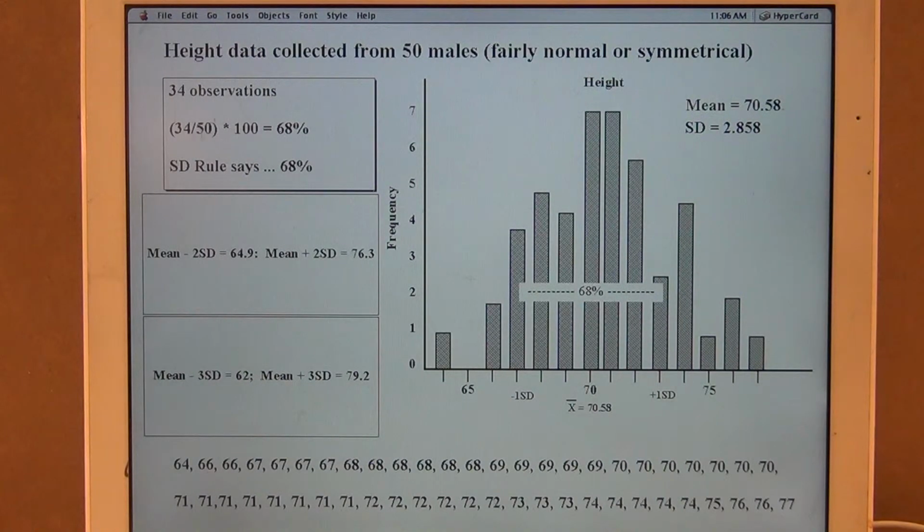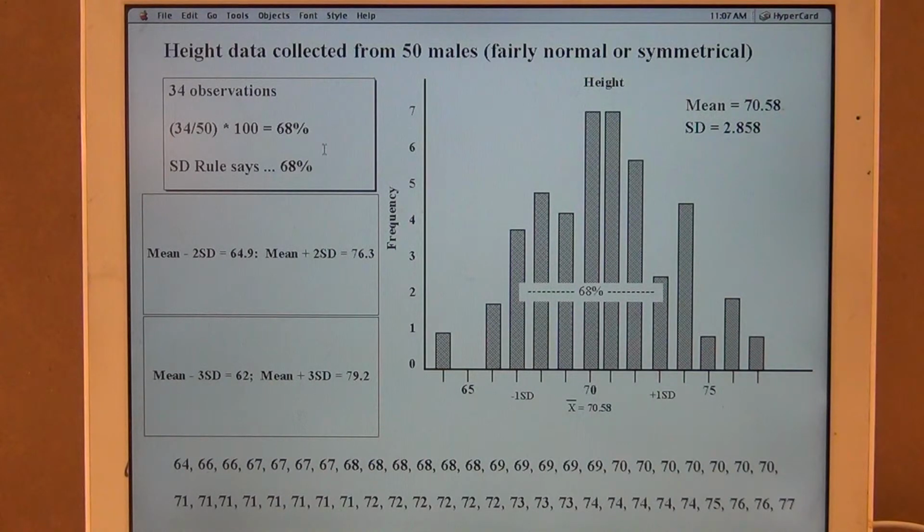Now we started out with the whole group being 50. So 34 divided by 50 times 100 gives me 68%. And the standard deviation rule says that about 68% will fall between positive 1 standard deviation and negative 1 standard deviation.